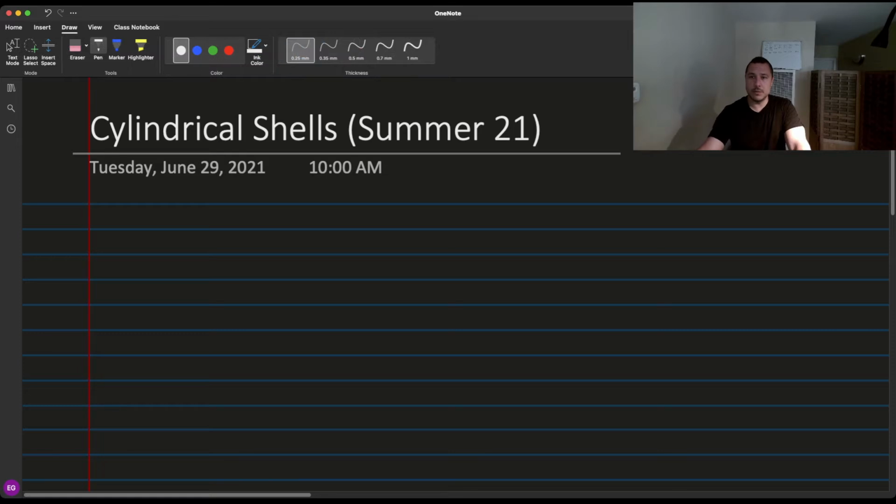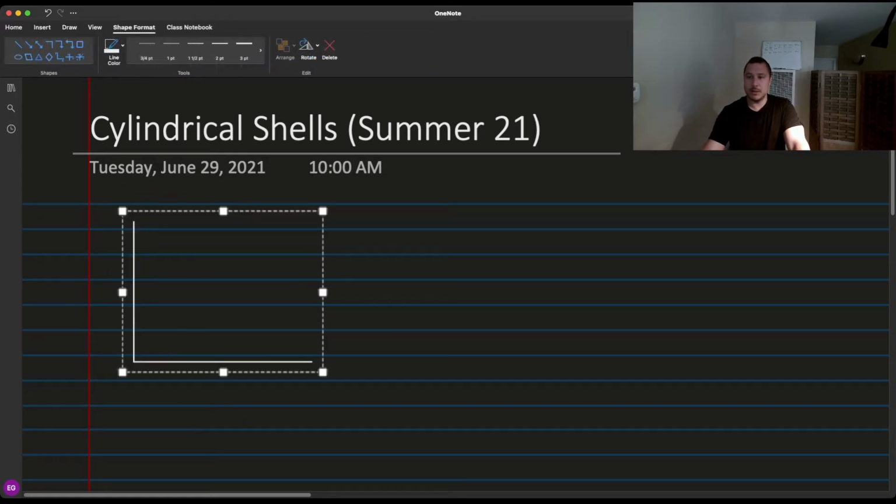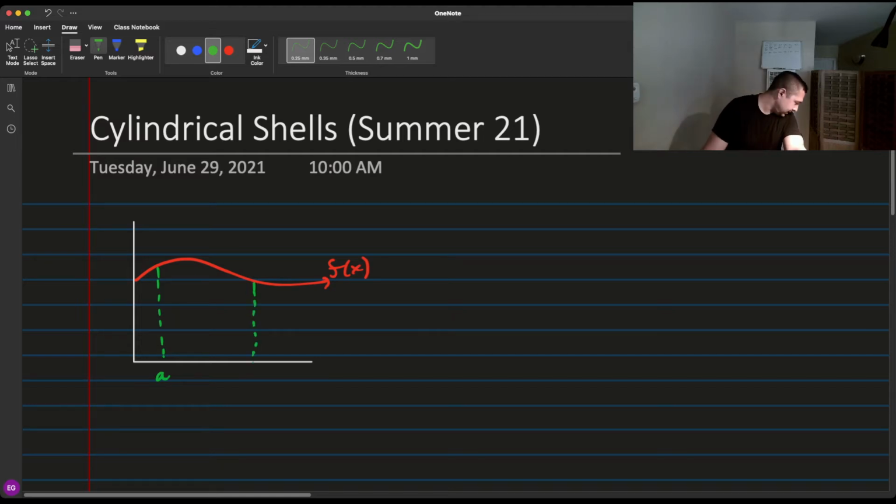So I want to insert an x and y axis. So let's say that your f of x looks like this, and you have this area here from a to b.